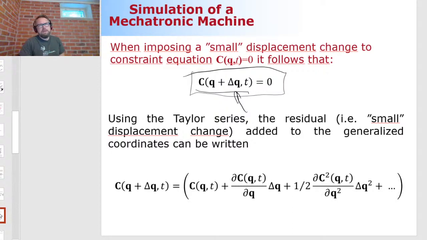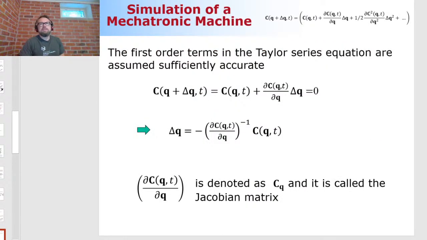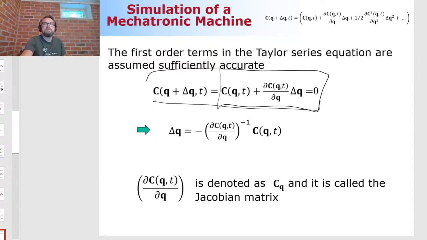Now using Taylor series, this one here can be written as shown here. I'm going to take these first components and ignore the higher order terms. And as this was equal to 0, I'm going to force this to be 0 as well. This is how I finally get the delta Q that I'm after. You can get delta Q from this equation.